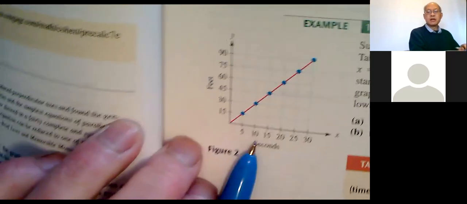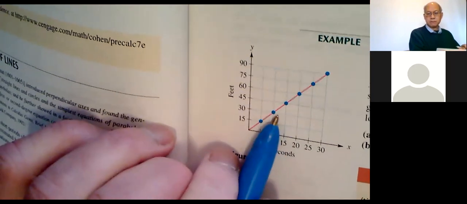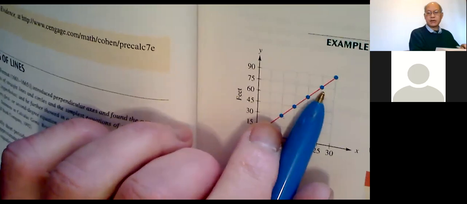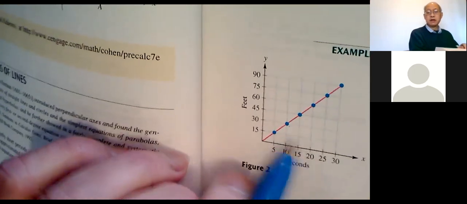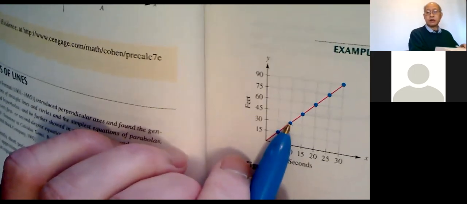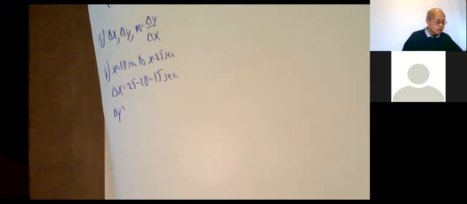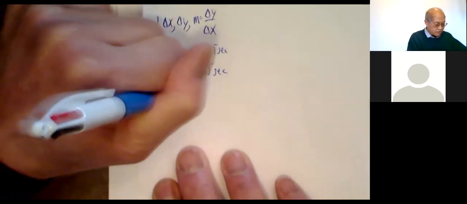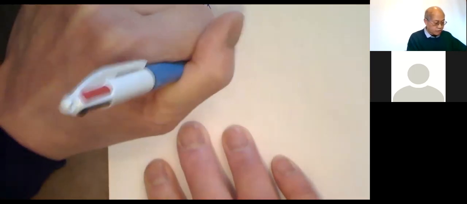The y values are going from 30 to 75. Okay, so again, we're going from 10 to 25. So delta x is 25 minus 10 is 15. Delta y, you're going from 30 to 75. So let me put the book down. So 75 minus 30, which is 45 feet.